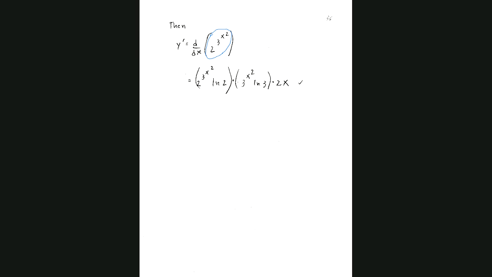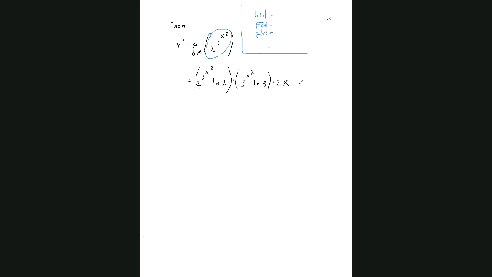If you had an h and an f and a g, and you had to describe the outermost function, that would be the h.